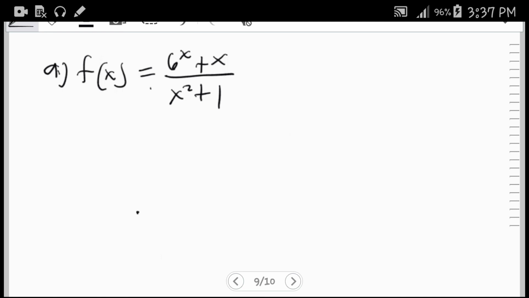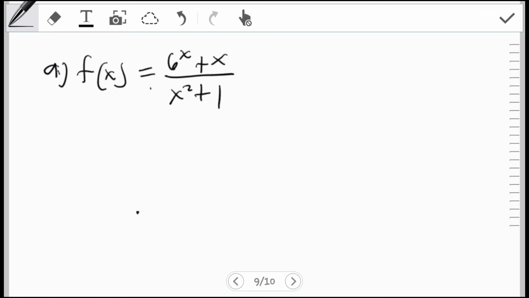So next, what is the first derivative of f of x is equals to 6 to the power x plus x over x squared plus 1. So let u is equals to 6 to the power x plus x. Okay.